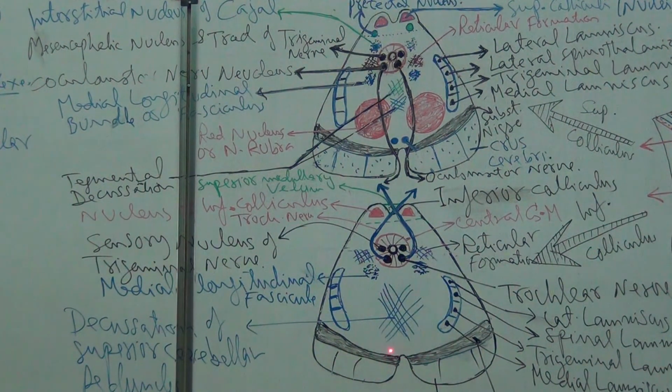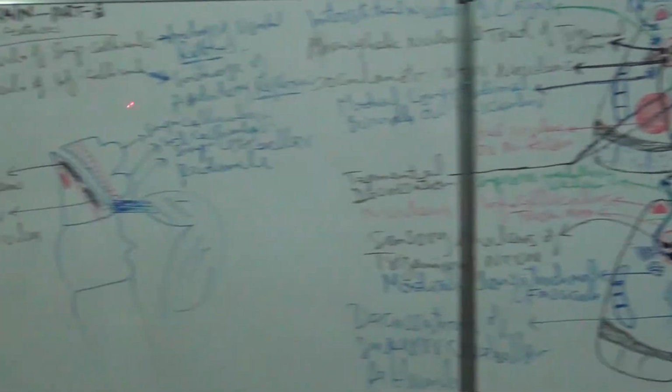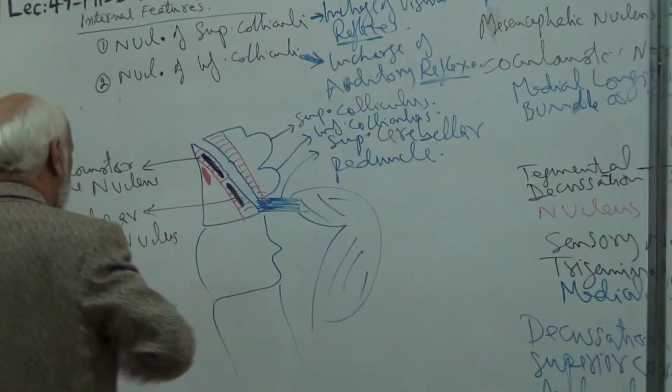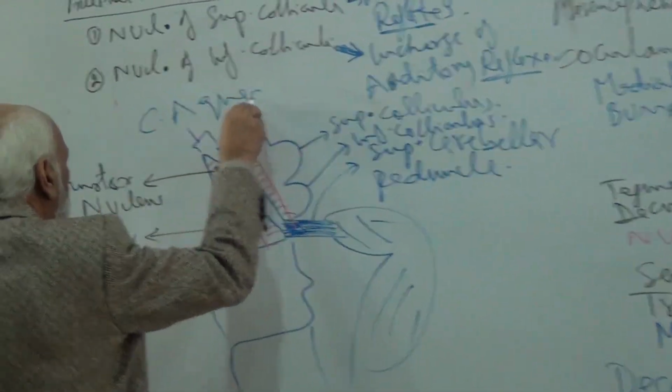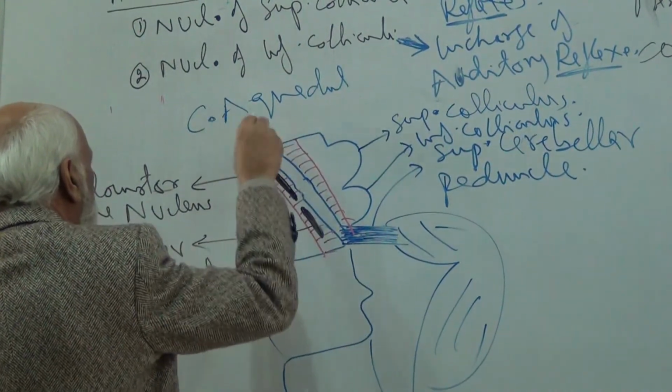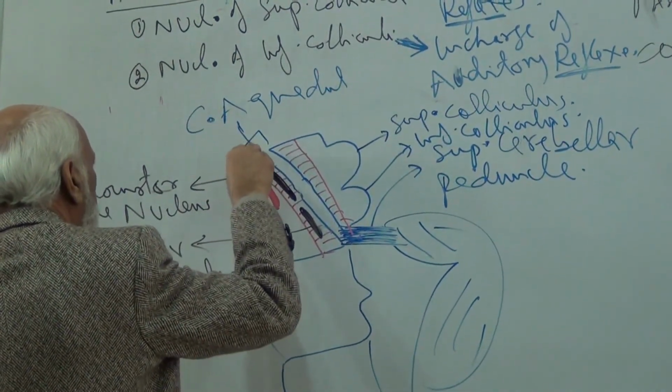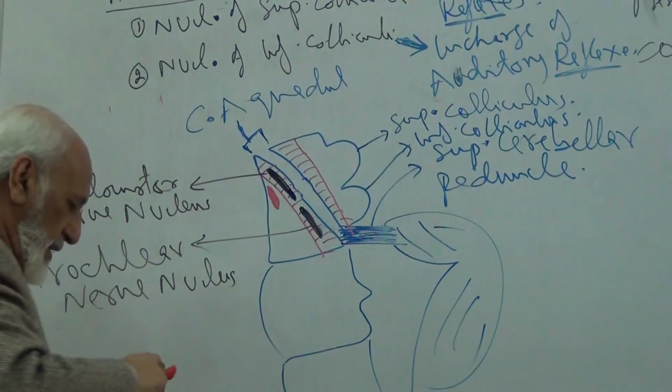Crus cerebri and substantia nigra are separated by the interpeduncular fossa throughout the midbrain. Then at both levels, the midbrain is traversed by the cerebral aqueduct, just like shown in this diagram. So it is cut at both levels.